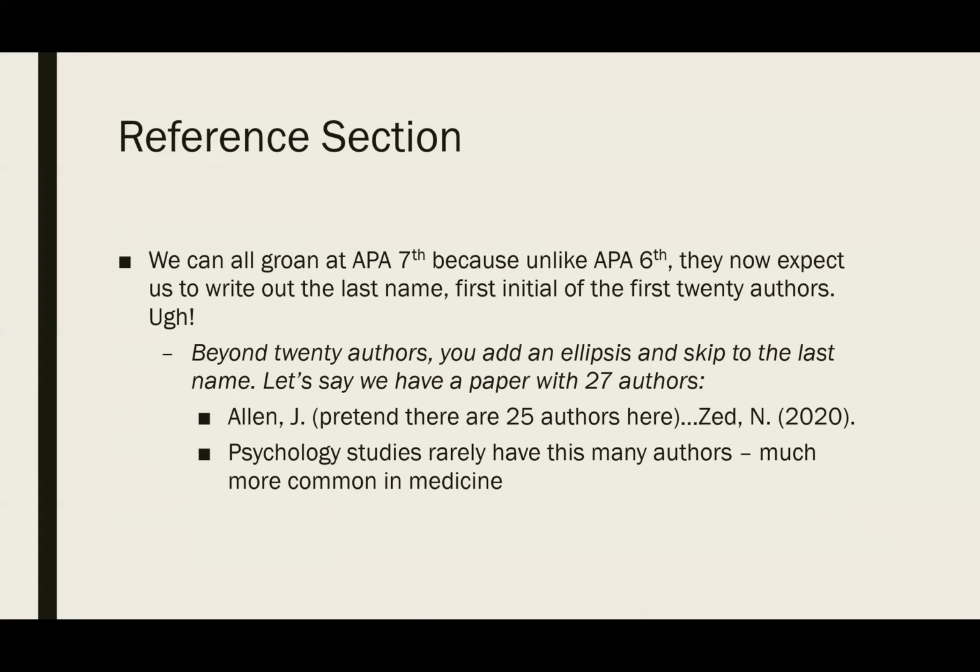So the first 19 authors' last names and initials, and then an ellipsis, and then the very last author, their last name and first initial, and then the year, and then you cite it as normal. However, it's very likely you won't see a study or a book chapter with more than 20 authors. Psychology studies rarely have this many authors, and this is much more common in medicine and more hard sciences.